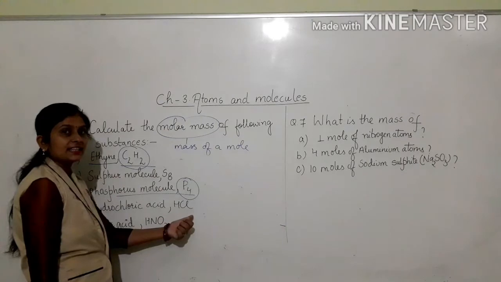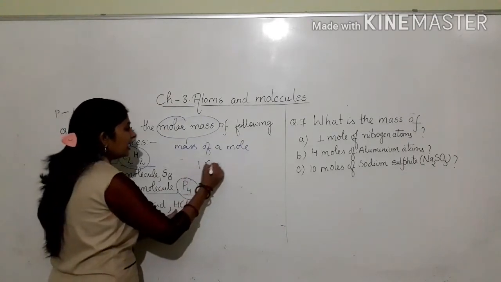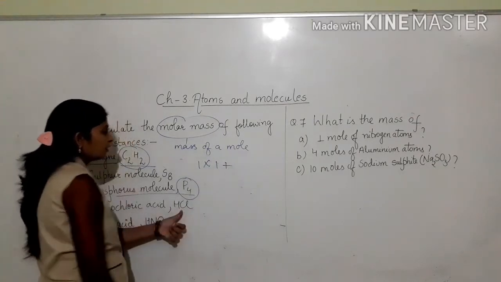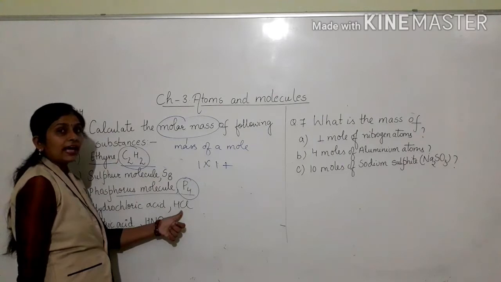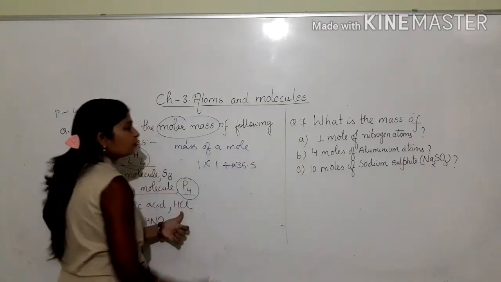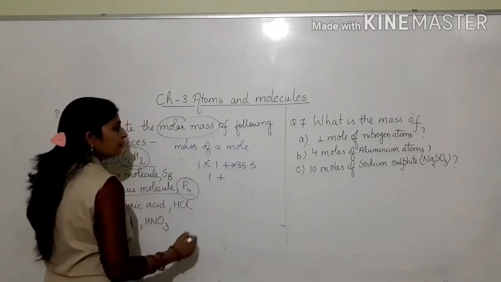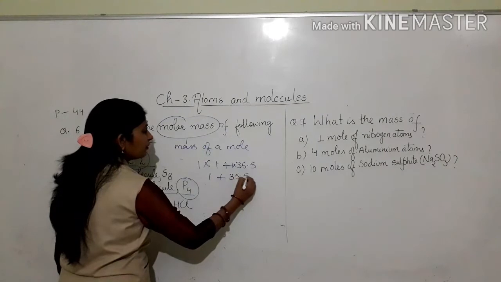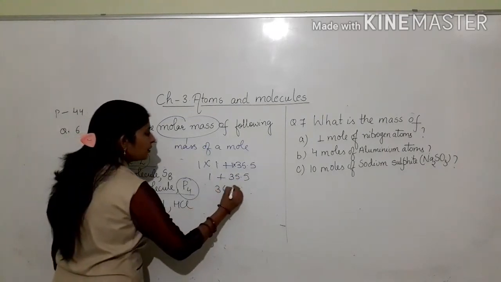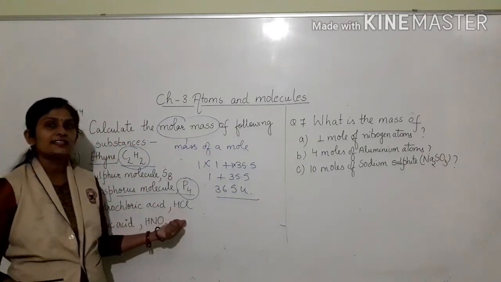Hydrochloric acid HCl, its one molecule contains one hydrogen atom having 1 U mass plus one chlorine atom having 35.5 U mass. 1 into 1 plus 1 into 35.5. 1 plus 35.5 is 36.5 U. So what is the molecular mass of HCl?